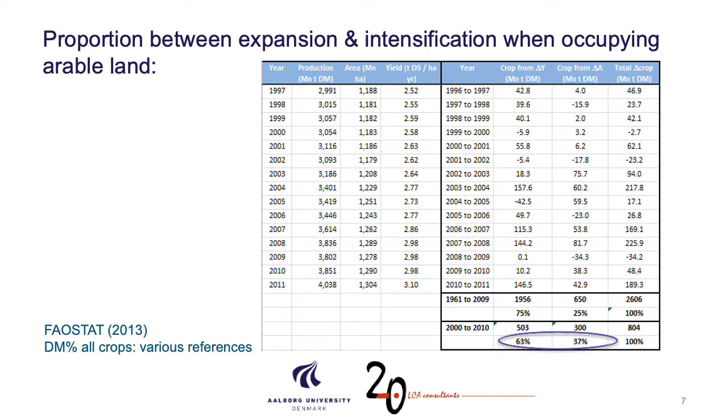There is an increase over time in output, and we can actually see how much of that increased production is caused by expansion of land area and how much is increased efficiency on the existing land. And the relationship here you can see is 63 to 37, analyzed from a period back 2000 to 2010. So that's where I had my roughly 40 and 60% from.